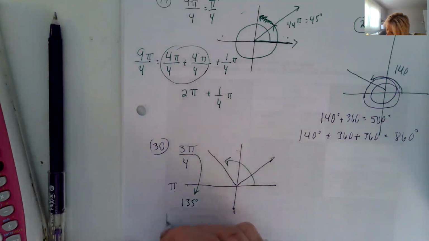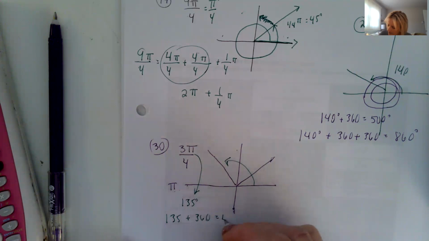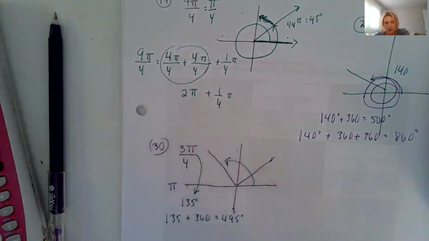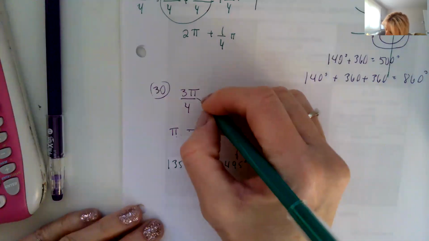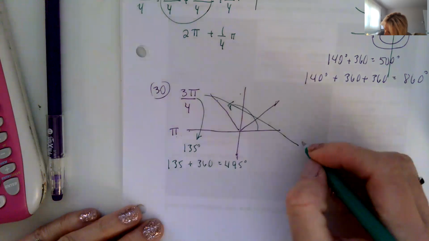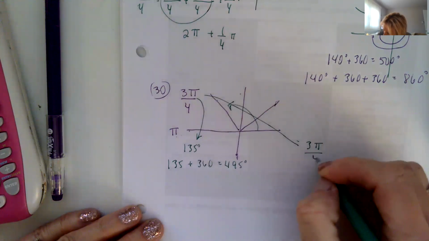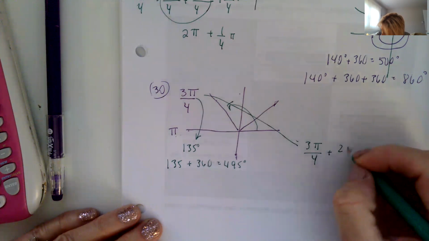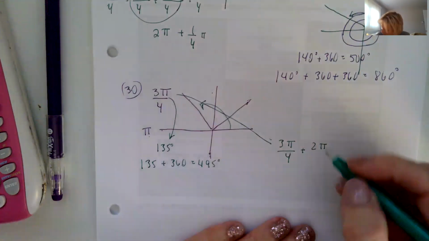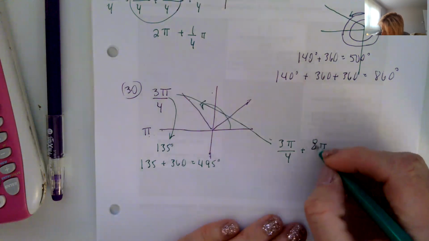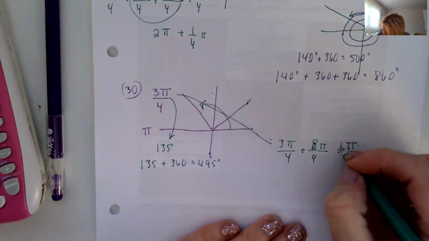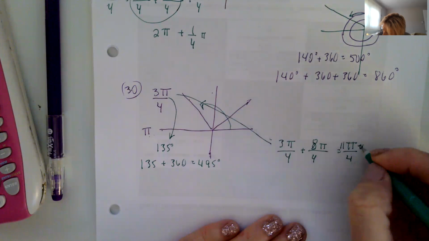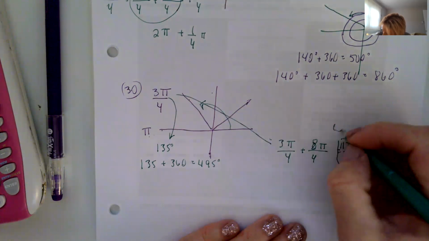Okay, and so we could say 135 plus 360 is 495. That's one angle, but that means we are adding 2 pi to that. So if we want to write that as 3/4 pi plus 2 pi, and 2 pi is really the same as 8/4 pi, that means 11/4 pi is a coterminal angle.